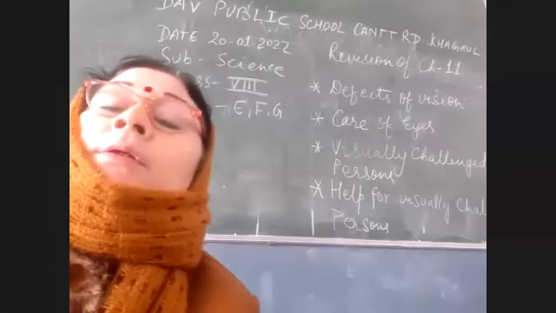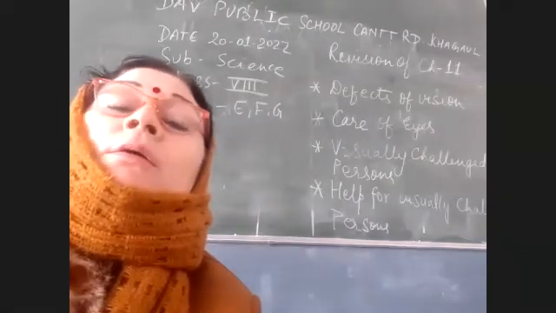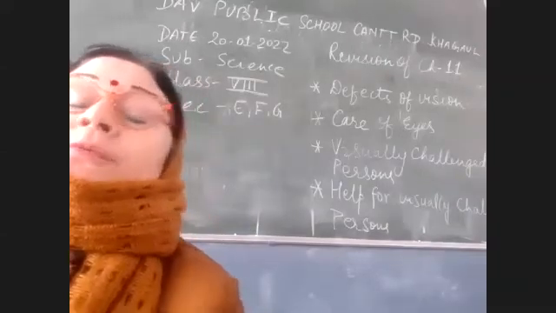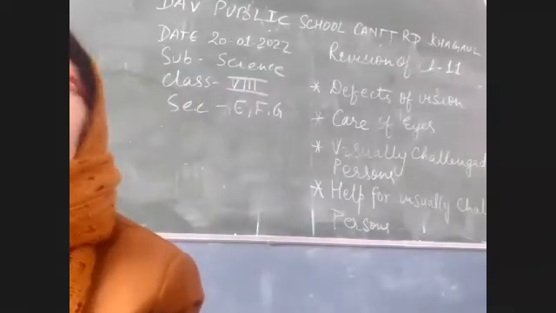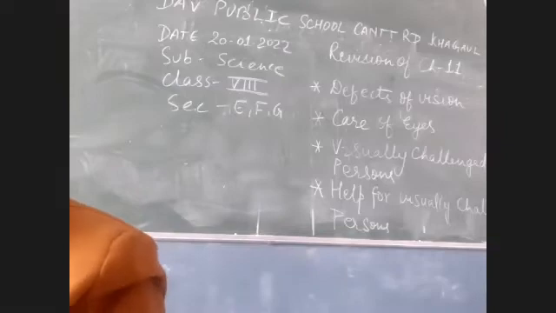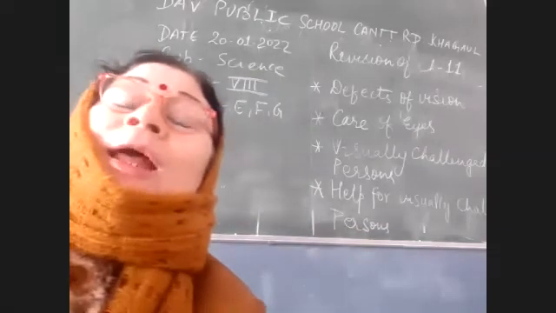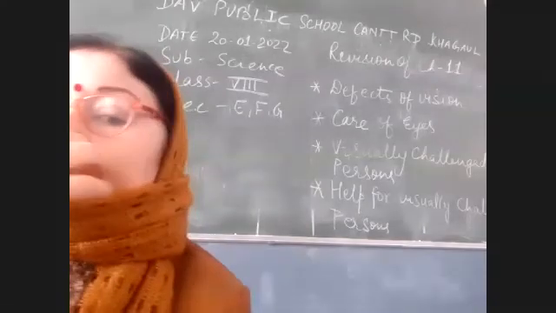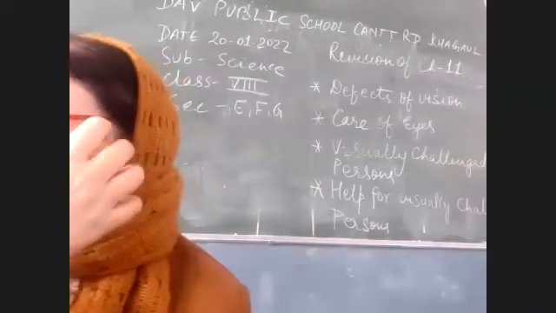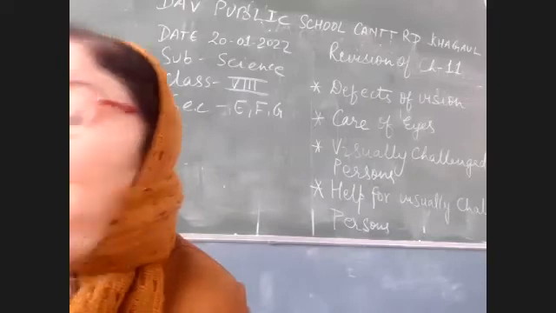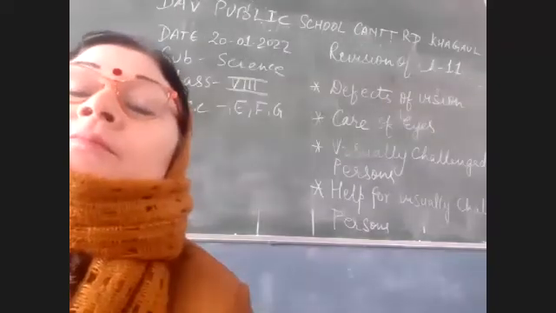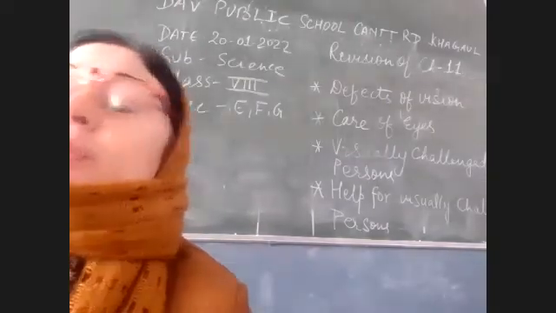Okay, correct. Then Pragya. Next, 8F. Yeah, G. I think she is in G. Yes, ma'am. You explain how can you help visually challenged person. Do you remember this question?